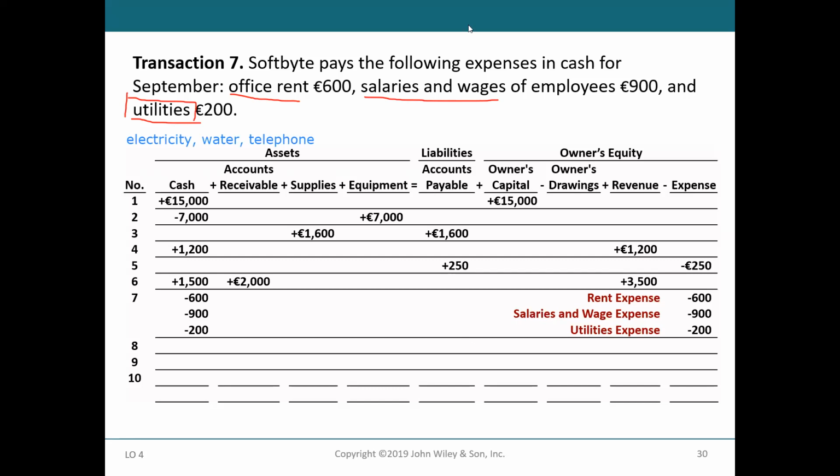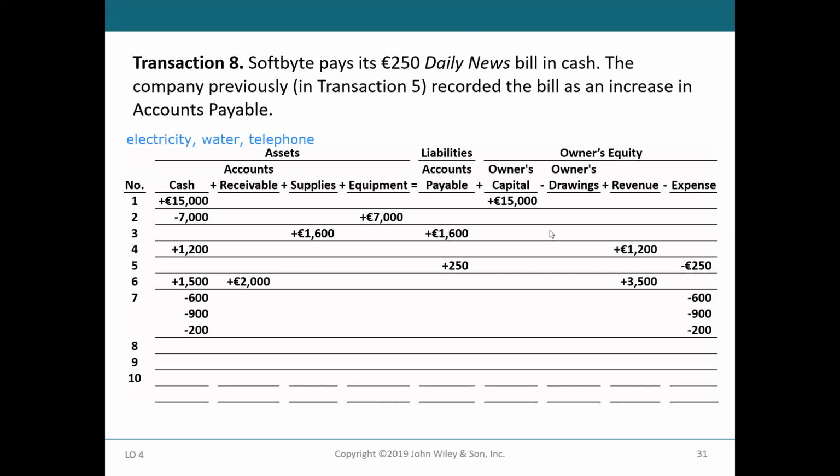All right, let's go to the next one. Transaction 8. Sort by pays 250 for the daily news bill in cash. The company previously, in transaction 5, recorded the bill as an increase in accounts payable.